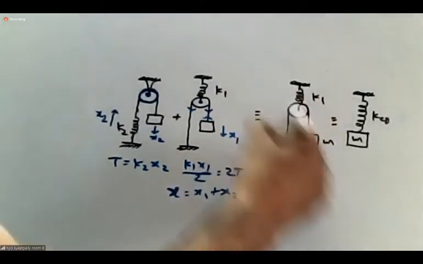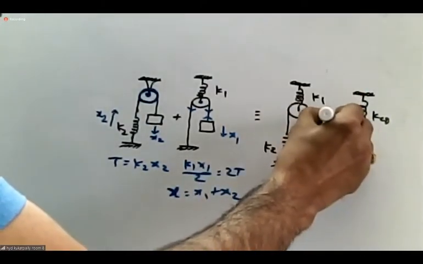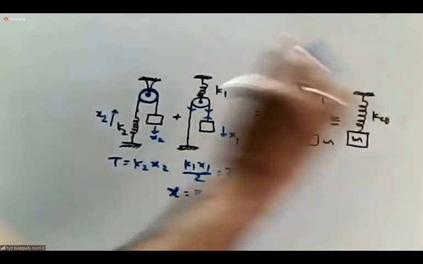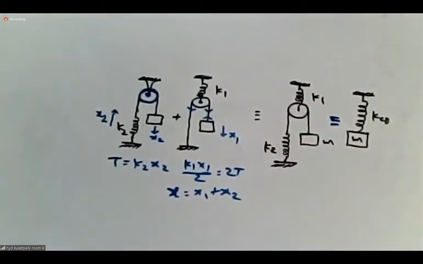This system I am replacing with a single spring block system. Ultimately it is a spring block system only, just the arrangement is different. Let the equivalent spring be K equivalent.